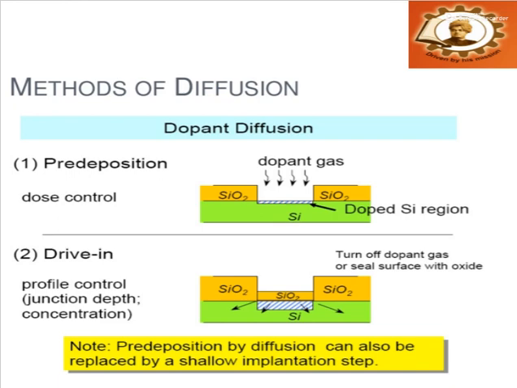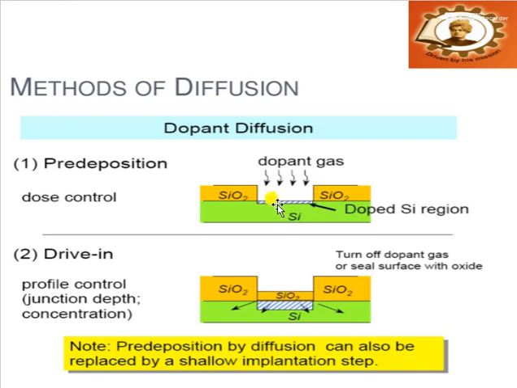Our diffusion process mainly consists of two steps. One is called the pre-deposition method, and the next step is called the drive-in method. In the pre-deposition method, the wafer is doped with some dopant gas, and that dopant will penetrate some portion of the SiO2 layer.